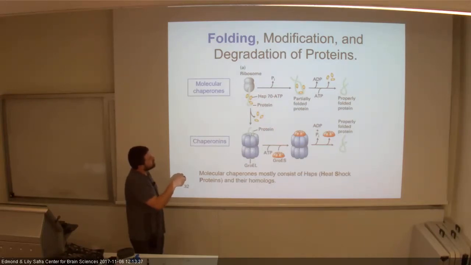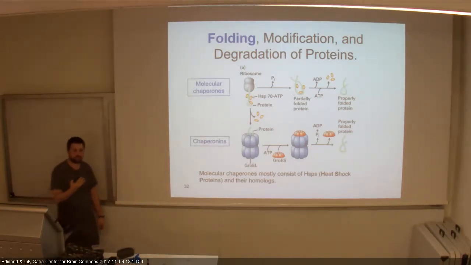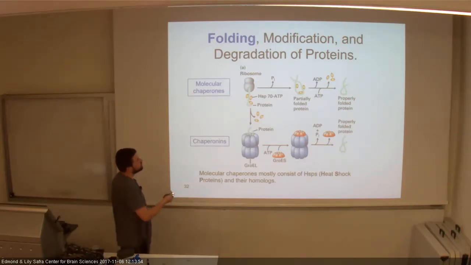So the binding itself and the release from the ribosome in the partial folding, also when you see this phosphate group coming out, you know that there was a hydrolysis of an ATP molecule, meaning that it required chemical energy from the cell, in the form of ATP. So this actually happens twice, once here and once when they're released. This also requires energy. And in the end, what you get is a properly folded protein.